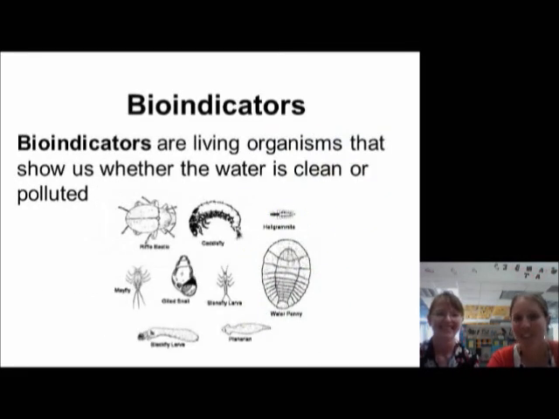Our last water quality factor is our bioindicators. My whole class already went outside into Bowling Creek and studied our bioindicators. So what's a bioindicator, Ms. Sears? They're those little organisms that we can see with our eyes and they don't have a backbone. We look at the macroinvertebrates, macro meaning big, so that we can see it with our eyes. Invertebrate, they don't have a backbone.